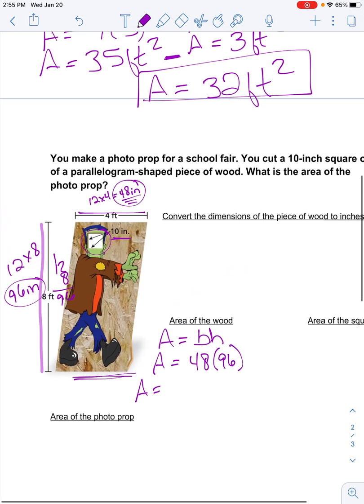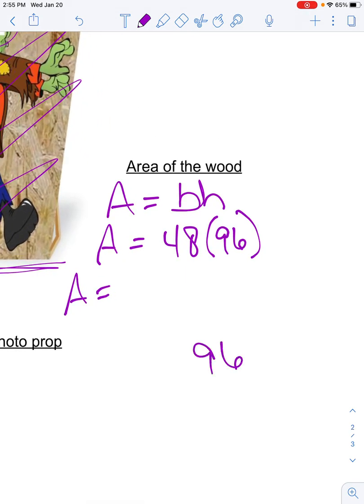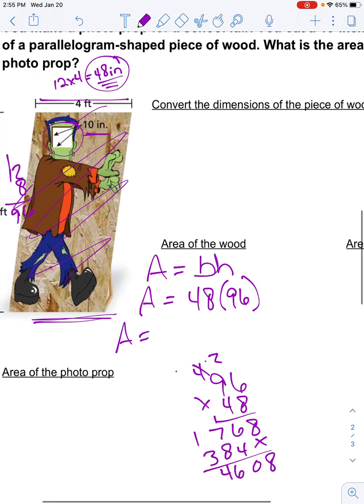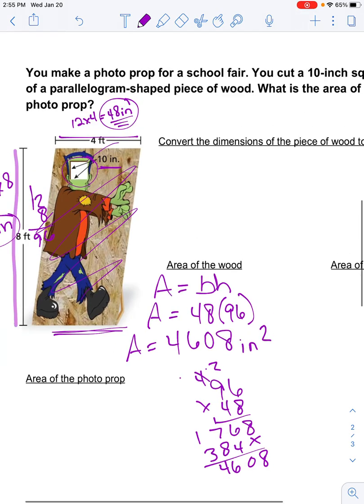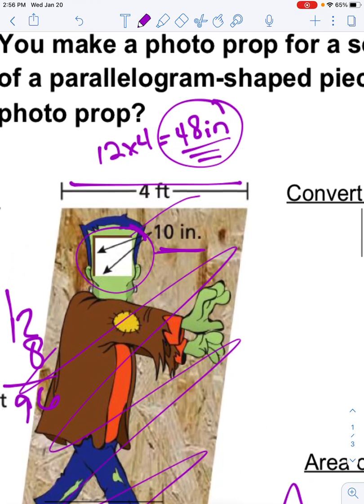So the area, the amount of space inside, would be 48 times 96, which is 4,608 square inches.